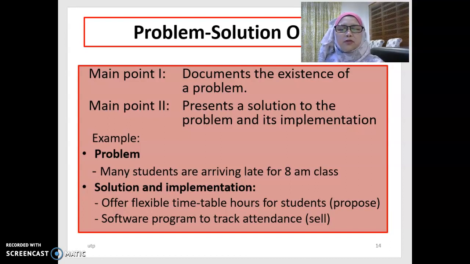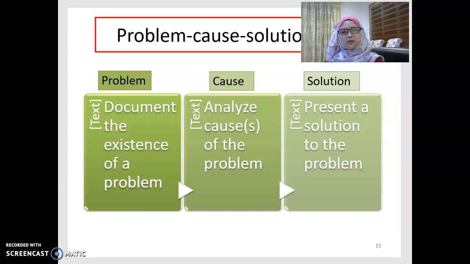Now I'm going to move on to the next one, which is problem cause solution. First you need to show them there is a problem, similar with the first one. Demonstrate to them, explain to them, describe it to them. Next, you need to mention the cause of the problem. If, let's say, the same problem is that it's too cold, the cause is the weather, the weather affects the water.